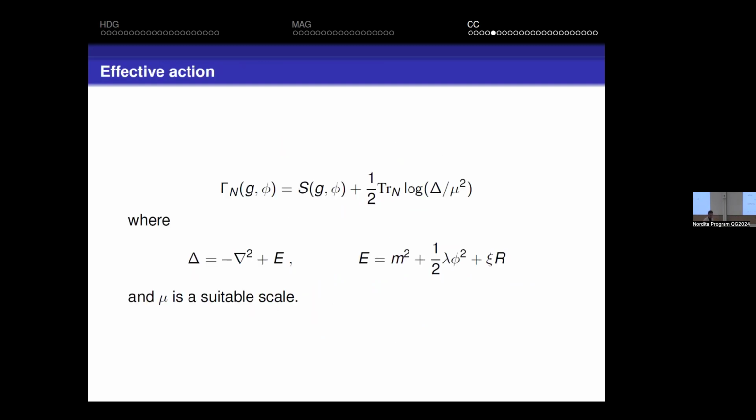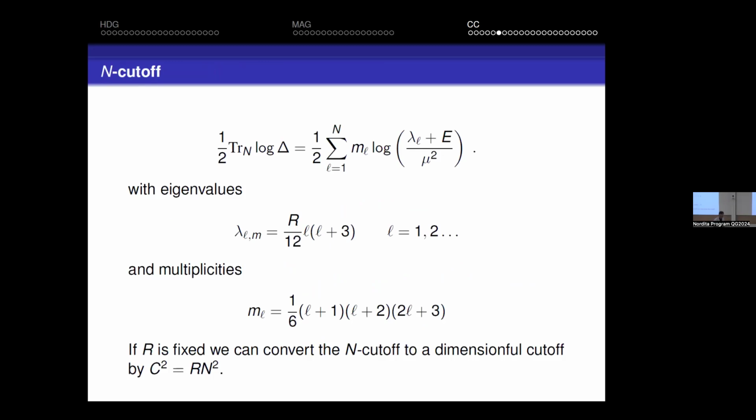So the effective action of the field is just the classical action plus 1/2 trace log of this operator, Laplacian plus mass squared plus lambda phi squared plus psi R. And the eigenvalues of the Laplacian on the sphere are known. They are proportional to the curvature times L(L+3), where L is a quantum number that starts with 1 and goes to infinity.